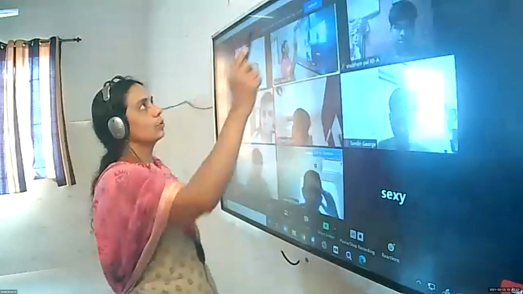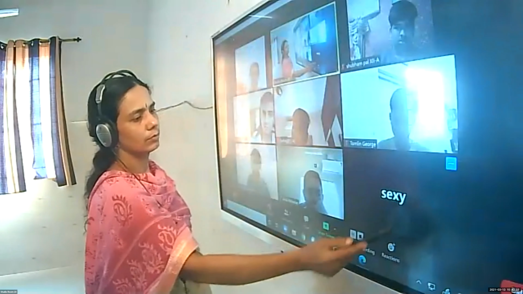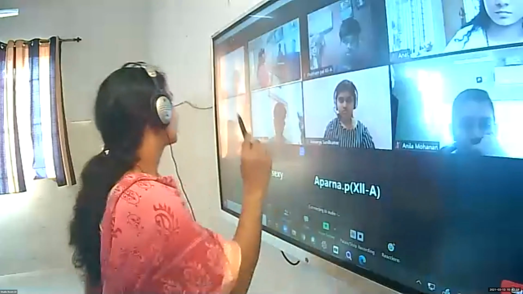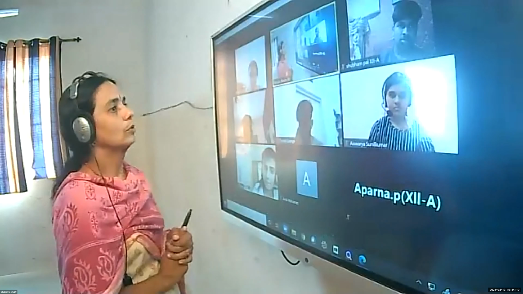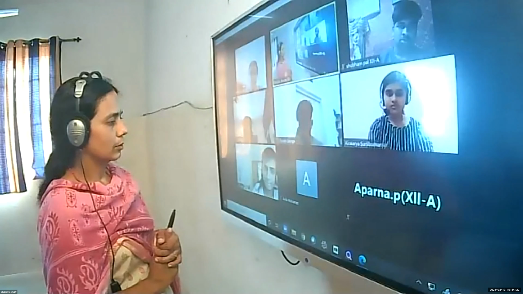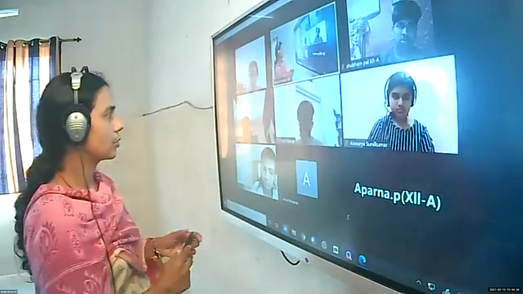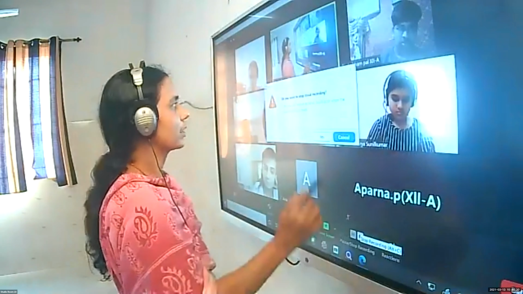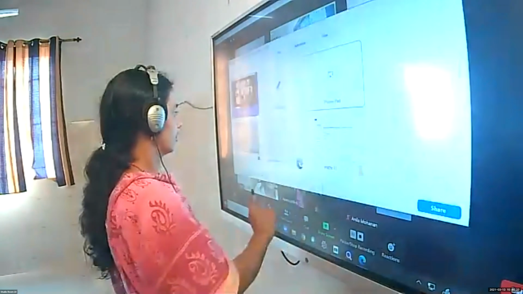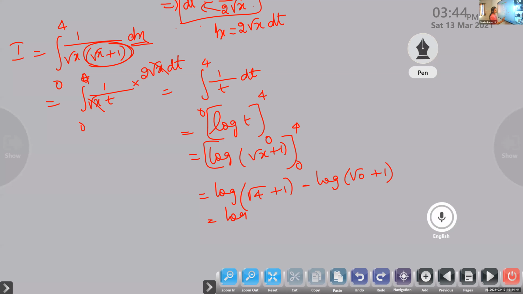Root 4 is 2. So substitute the value. What will you get? It is log of 2 plus 1 minus log 1. So it is log 3 minus log 1, which is 0.